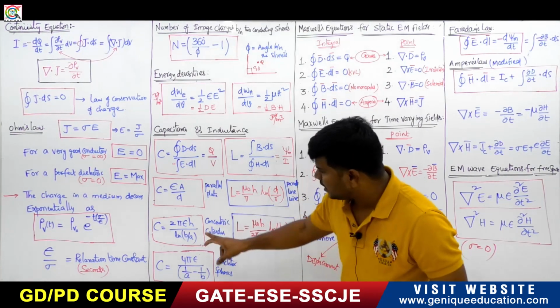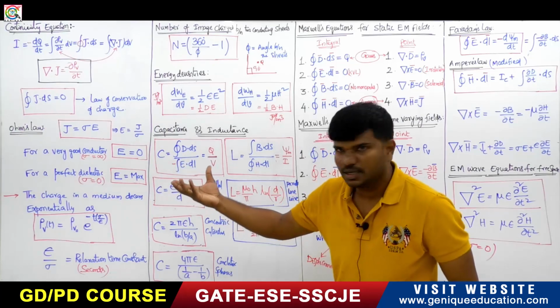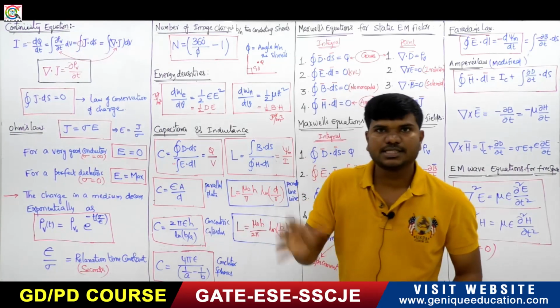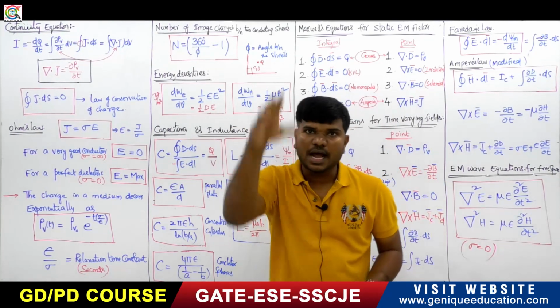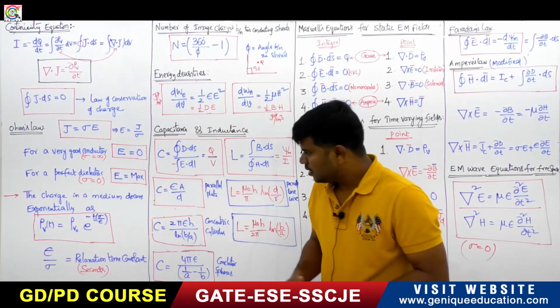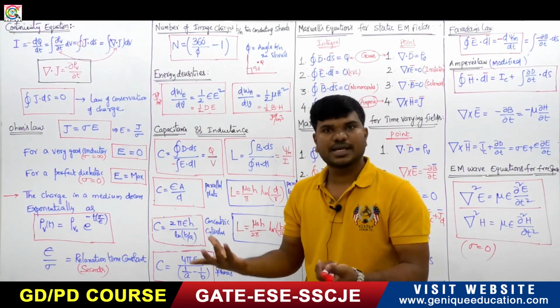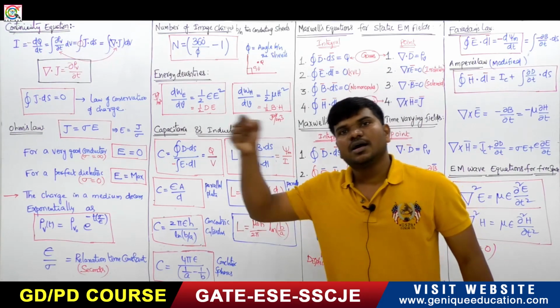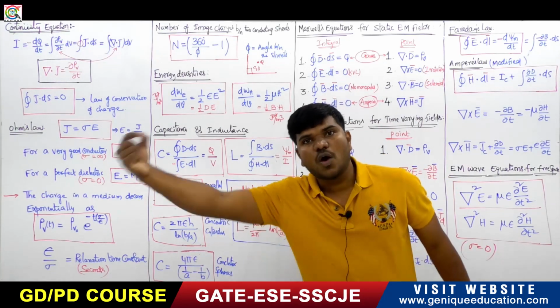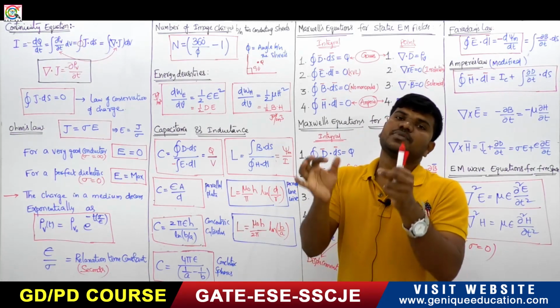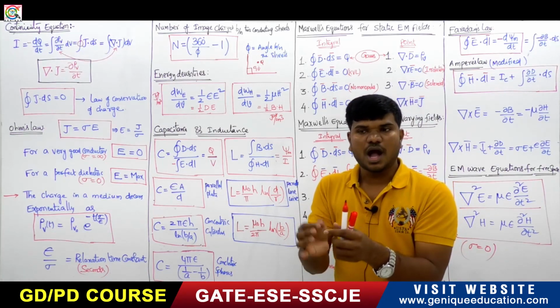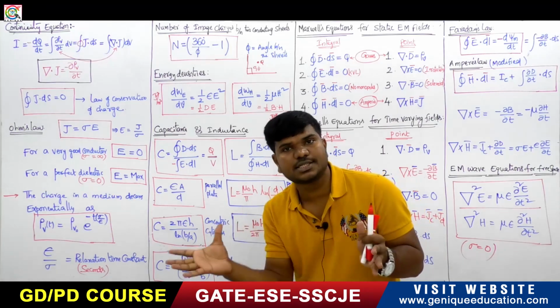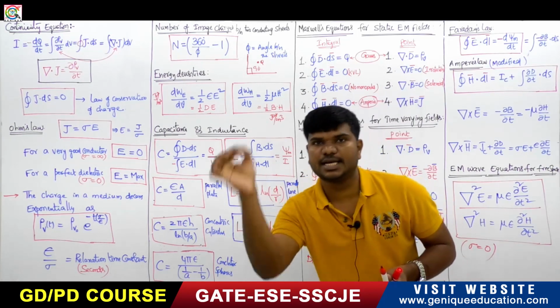So what is h here? 2 pi epsilon is the constant. H is the length of the cylinder, the length of the coaxial cable. What are b and a? B is the radius of the outer conductor, and a is the radius of the inner conductor, or b is the radius of the outer cylinder, a is the radius of the inner cylinder.